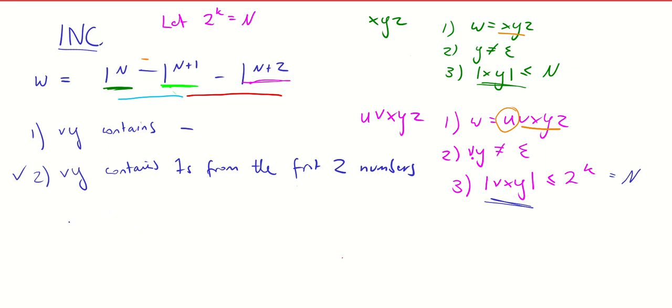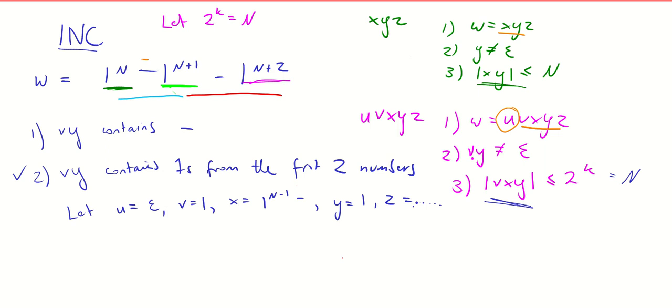It would be really tempting to say something like, let x, no, we don't start with x, we start with u. Let u equal the empty string, let v equal 1, let x equal 1 to the n minus 1 dash, let y equal 1, let z equal the remainder of the word. That would be a really tempting case to give, and it would be a terrible case to give.